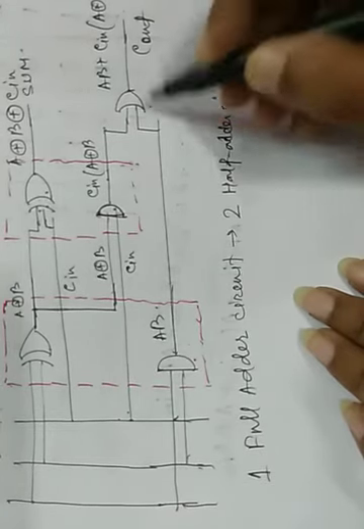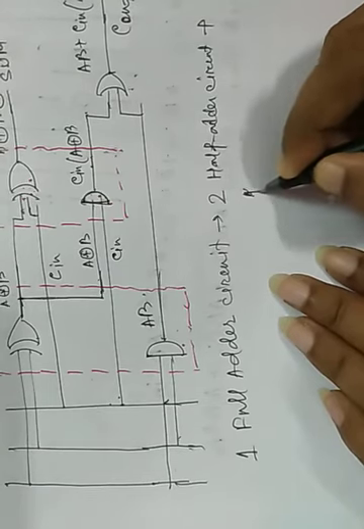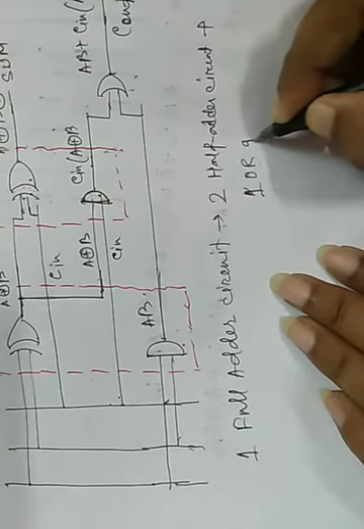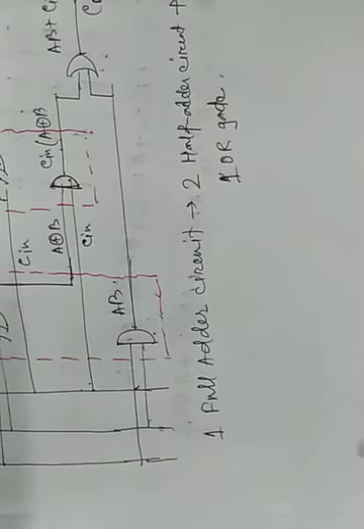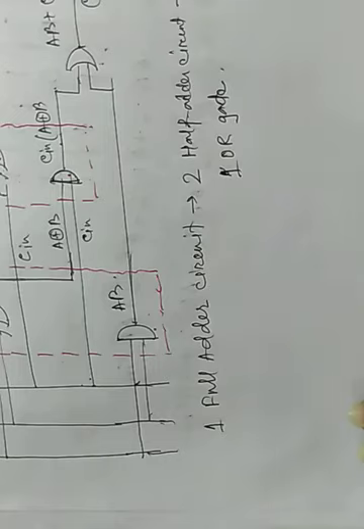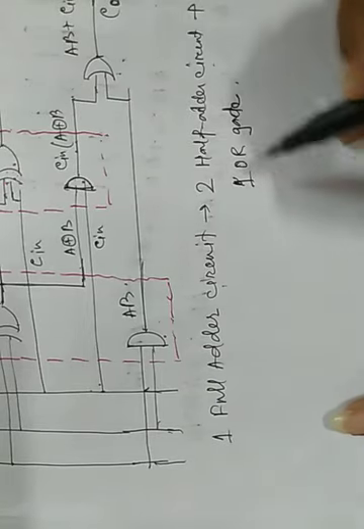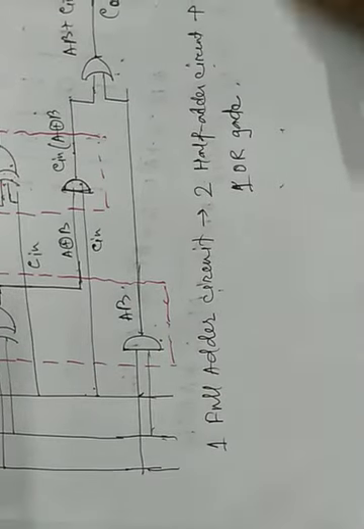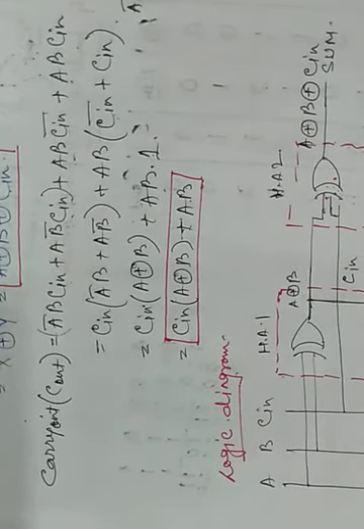Obviously the OR gate is not included in the half adder. So we can easily draw the full adder circuit with two half adders and one OR gate. Clear? So this way we can easily build a full adder circuit.